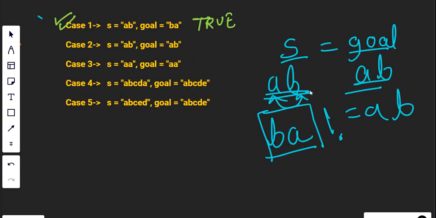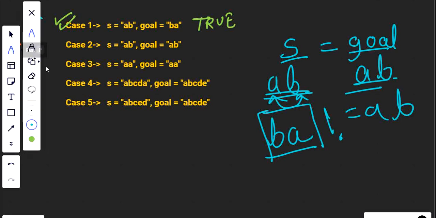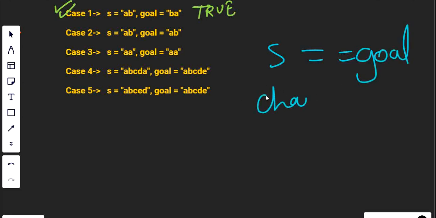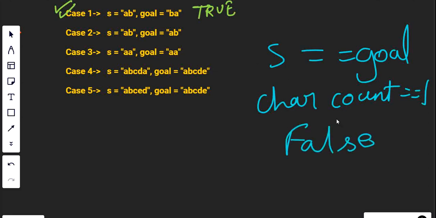The count of each and every character in both these strings is equal to 1. Therefore, after swapping we won't get the expected result. So when S is equivalent to goal and each and every character count is equal to 1, in that case we will return false, right?